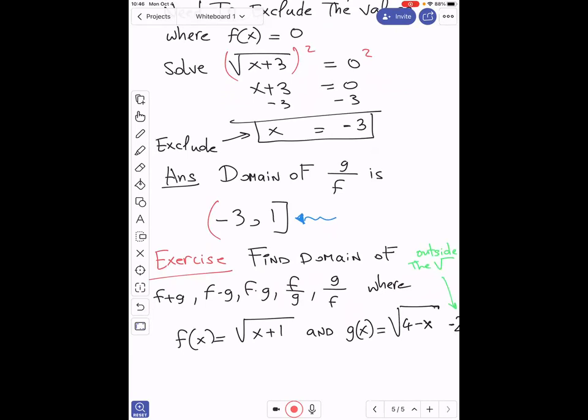So negative 1, 4 is the domain of f plus g, f minus g, and f times g.